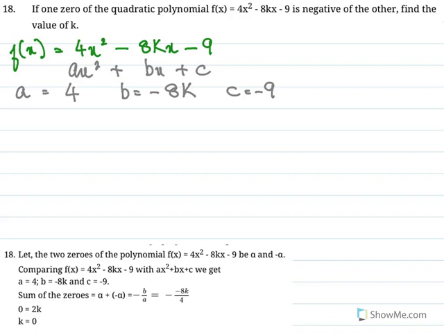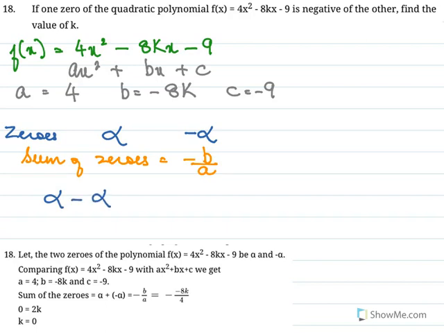Now in the next part they have said that one zero is the negative of the other. So if one zero is alpha, the other one will be minus alpha, because it is the negative of the other. We know the sum of zeros equals minus b by a. Now the zeros are alpha and minus alpha, equal to minus b by a.